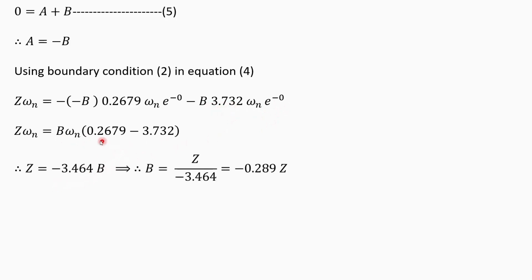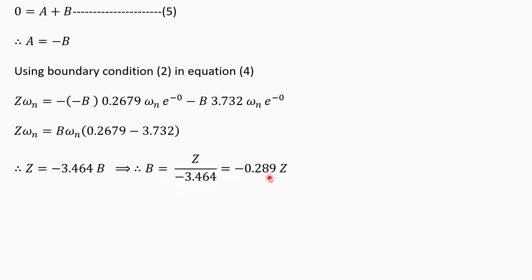So this term minus 3.732 is minus 3.464 into b. So we have cancelled out this omega n from both the sides. So b will be equal to z divided by this negative term, so it is minus 0.289 z.